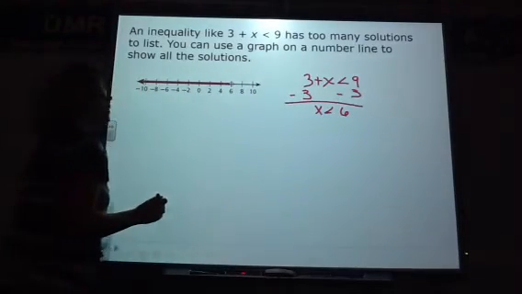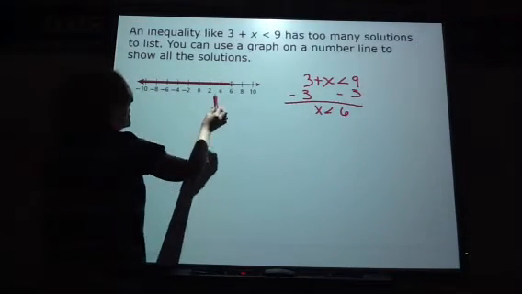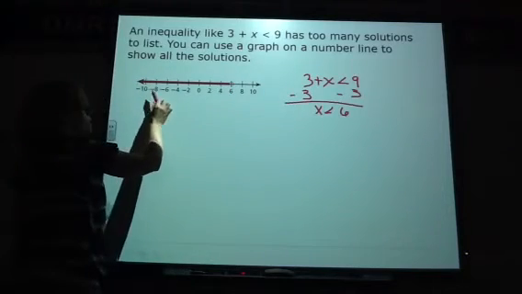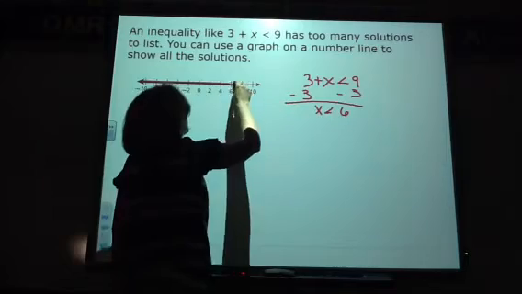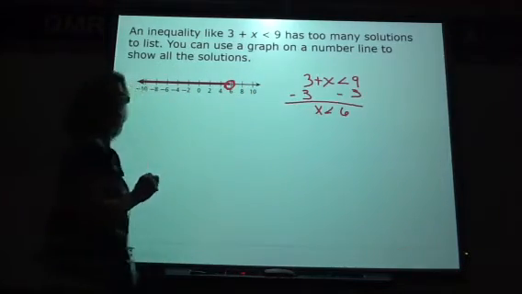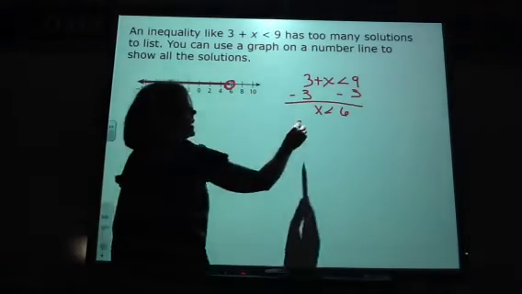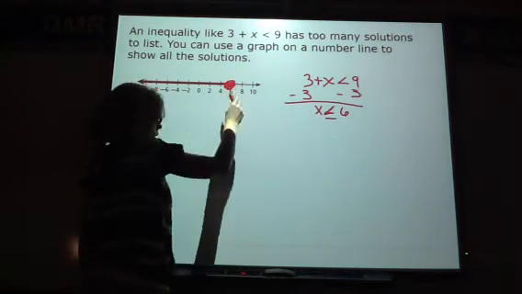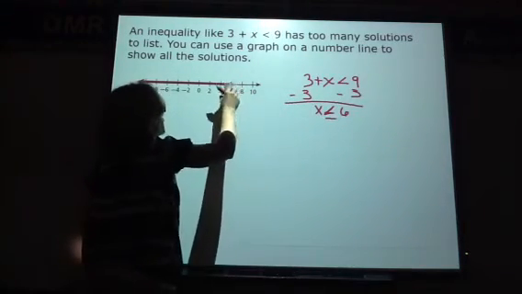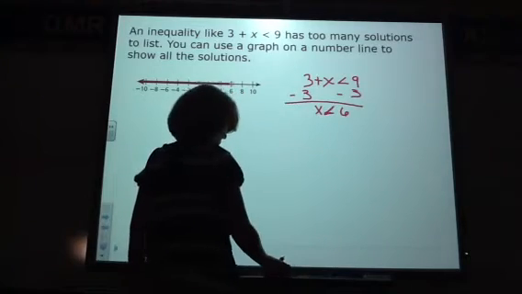So when you graph this, your solution set is all real numbers that are less than 6. But are we including 6? We're not. It says less than. So that's why you have this open circle. If we would have had less than or equal, then your circle would have been closed. But because we don't in the inequality, it is open.